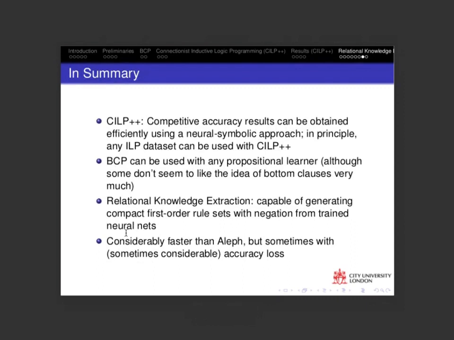So yes, I think I mentioned that competitive accuracy results can be obtained efficiently with this approach. I like very much the idea that you should, in principle, be able to take any ILP dataset and use it with this approach. There's no probabilistic extension of that, so this would be something to consider.